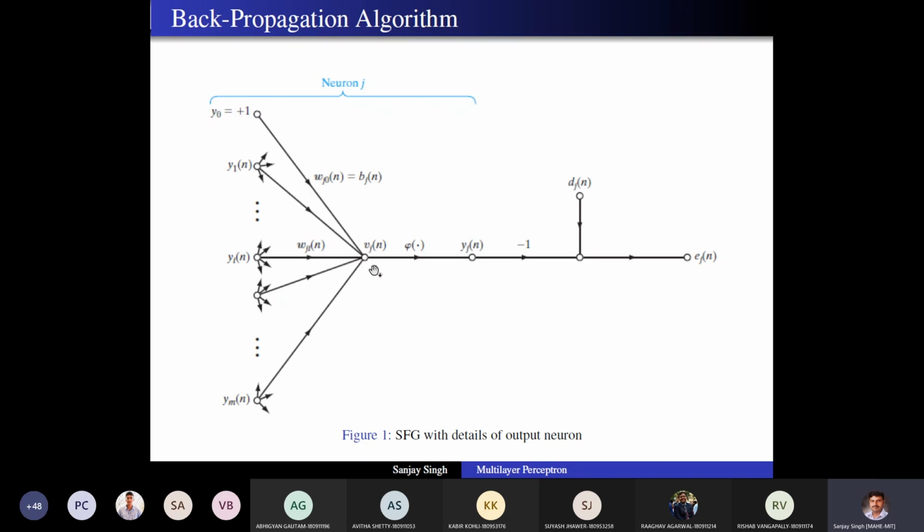We know that the jth unit has some input coming from i, with weight wji, and these notations show that there are multiple connections, multiple other neurons, and this might have come from many previous layers. We are considering that this jth neuron is at the output layer. With these things in mind, I'll now start the analysis. Is the scenario clear for all of you? This is very crucial, which is why I wanted to emphasize it more and more.